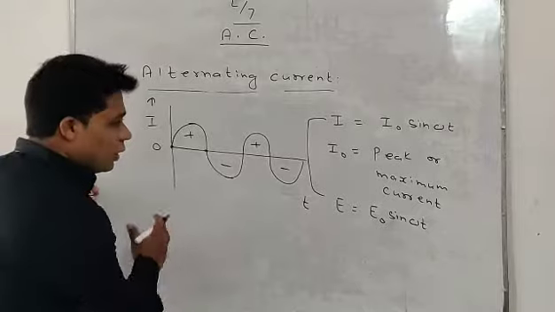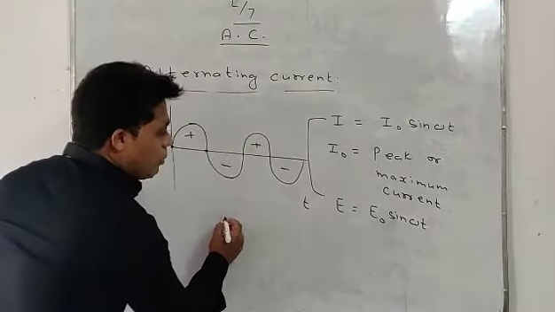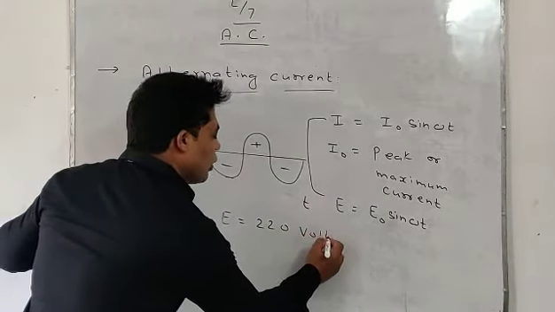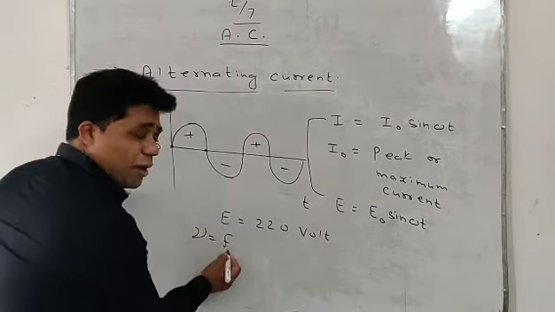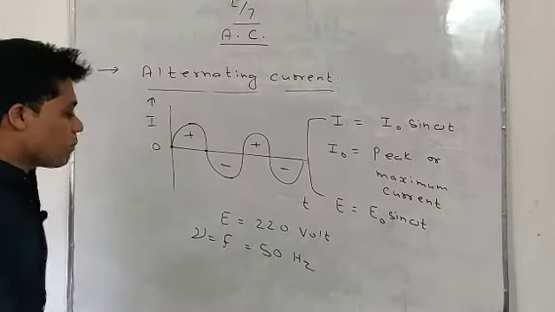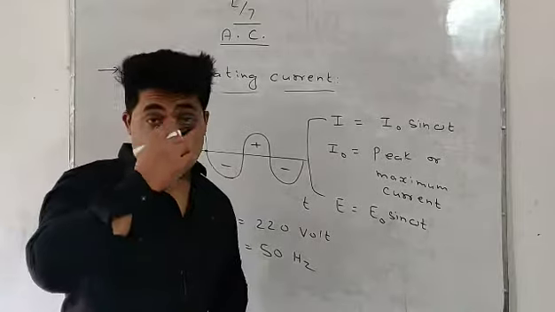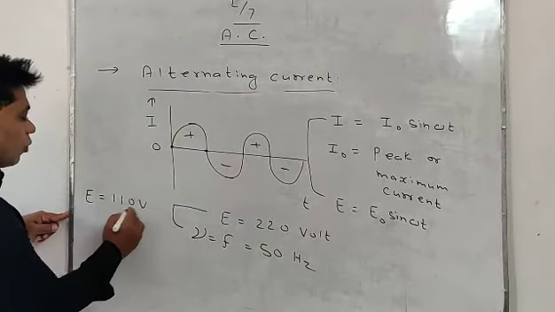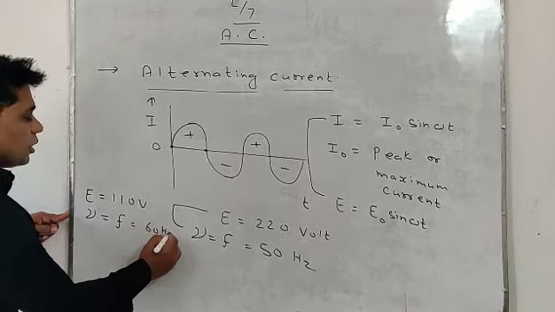Now students, in our country, India, the household supply is based on a voltage of 220 volt, and the frequency, represented by f, is 50 hertz. We are using 220 volt and 50 hertz. In other countries like America, the voltage is approximately 110 volt and the frequency approximately 60 hertz.